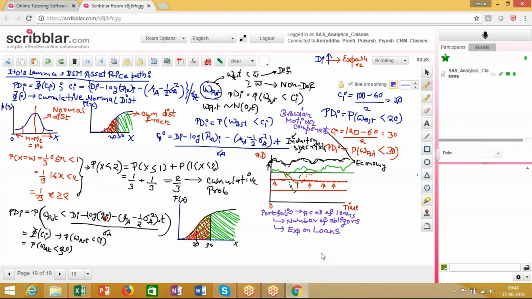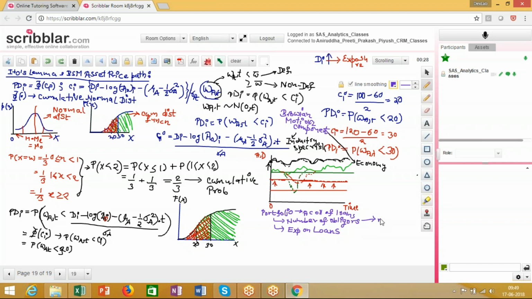The exposure on the loans. So these are the two characteristics that we have over here. Now, as we go ahead with this part, we assume that each of the borrowers, right? So there are n number of obligors.